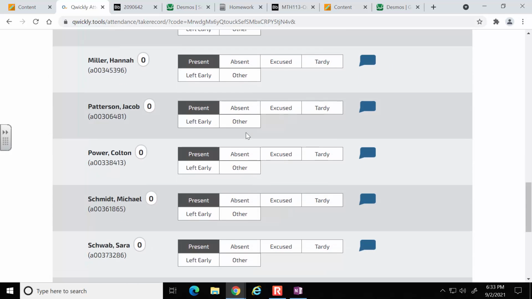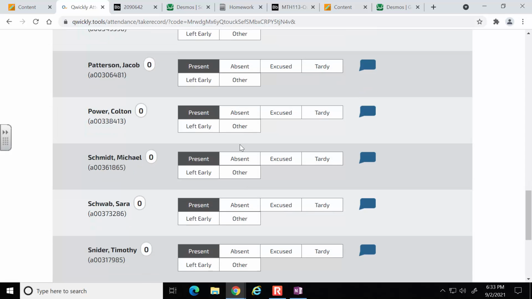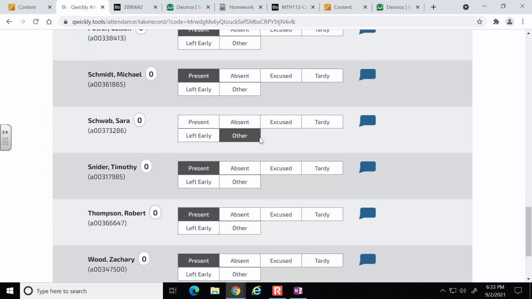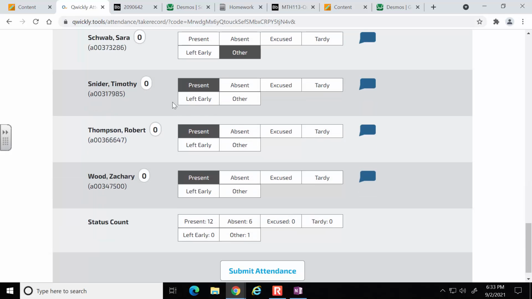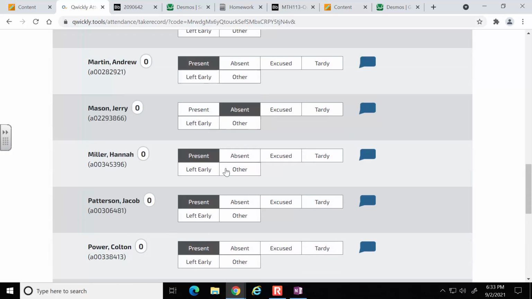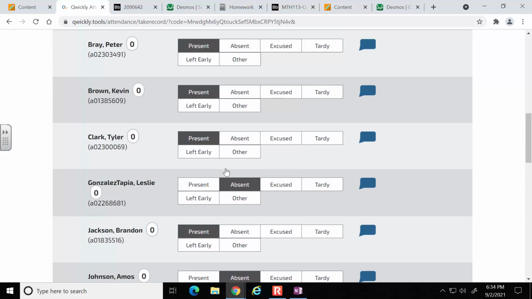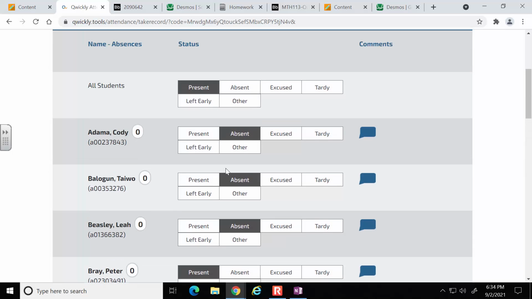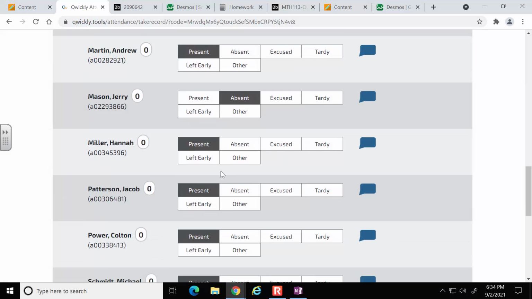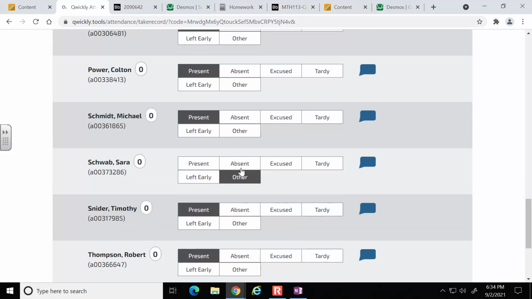Jacob is here. Colton, all right. Michael, all right. Sarah Schwab. That might have been who left. I don't know. I'll put other right now. Tim is here. Robert. Zach. Thank you. All right. I think Sarah is who left. I'm not sure. I don't think it was Leah, but I don't know for sure. So she can tell me if she was here.